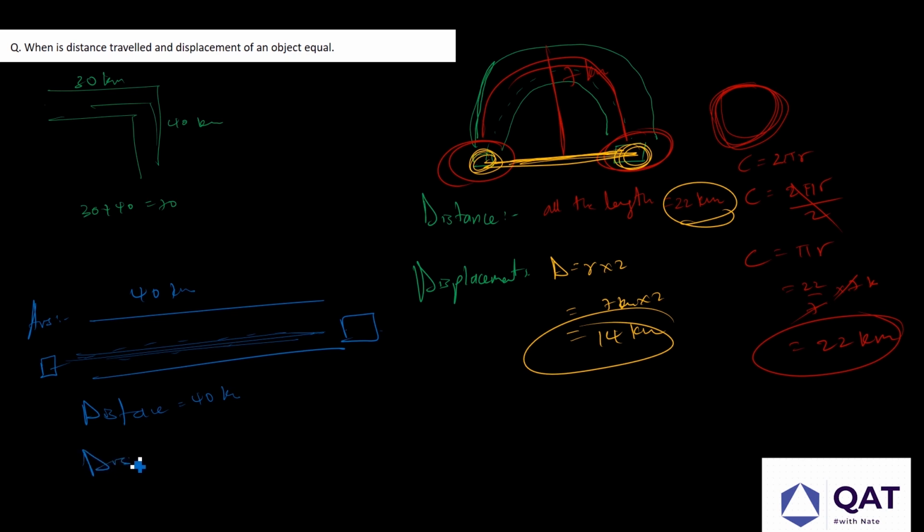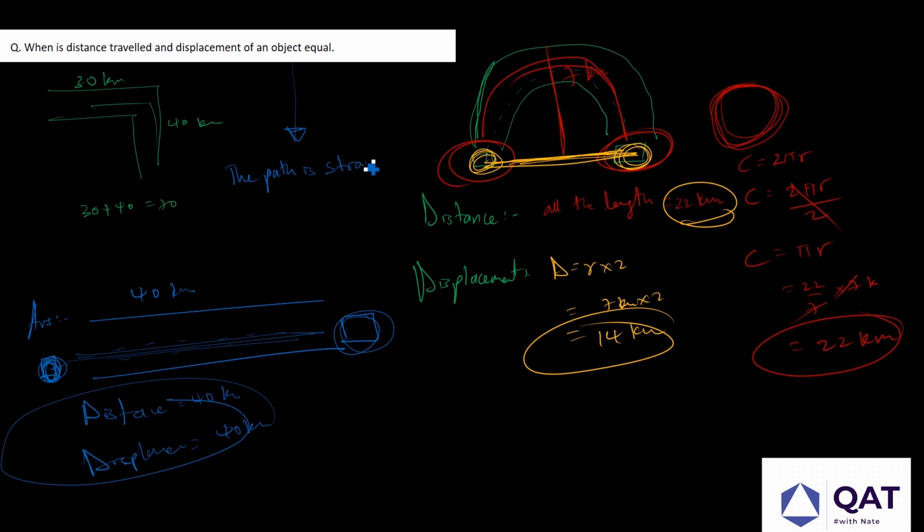And when we go to displacement, it's just the difference in position between the starting point and stopping point, right? And from starting to stopping here is 40 kilometers again, so displacement would also be the same, 40 kilometers. So what is the answer for this question? When is distance traveled and displacement of an object equal? The distance traveled and the displacement of an object are equal if the path is straight. So this is the answer.